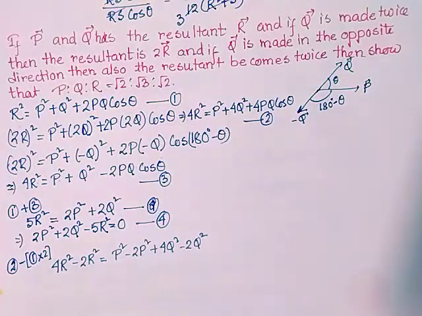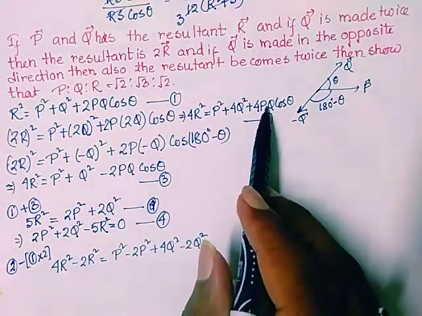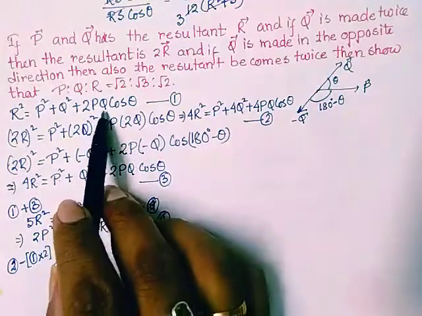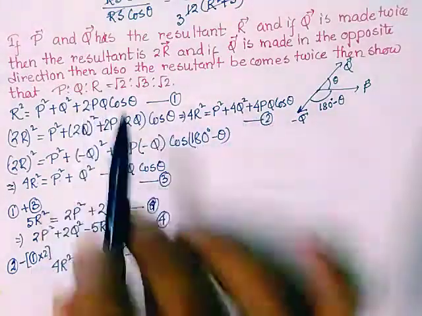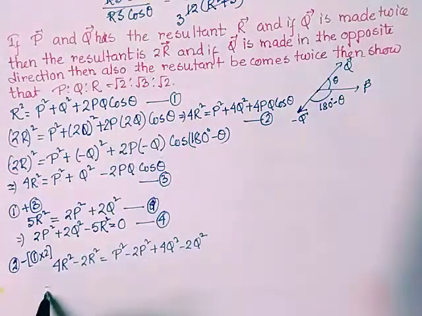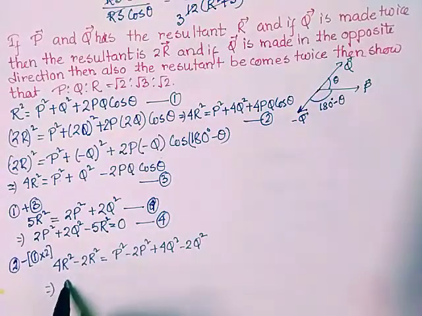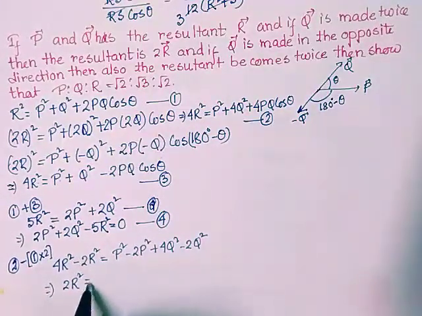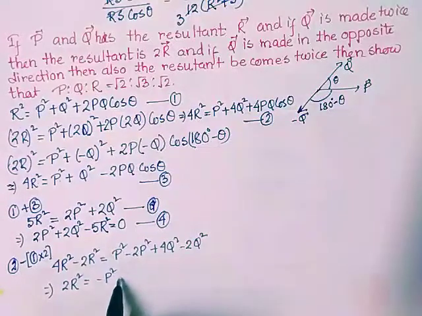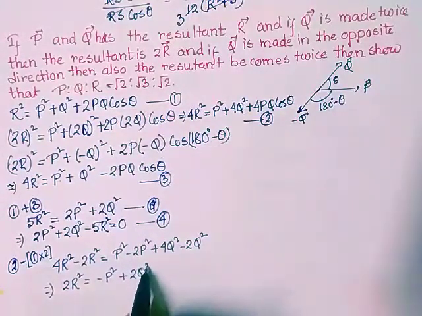Okay, and it is 4pq cos theta, it is 4pq cos theta. Subtract it, then these terms cancel out. So this will become 2r square minus p square plus 2q square.